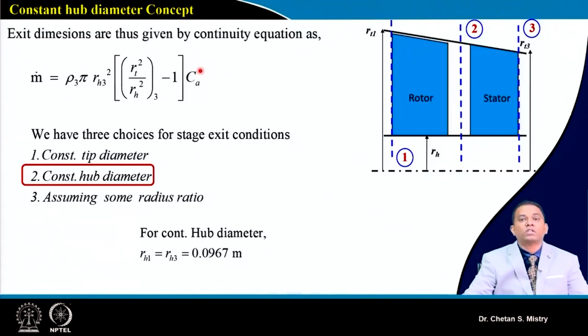As we have discussed, we have done our calculation for hub diameter and tip diameter earlier. For this configuration we are assuming the hub diameter to be constant. That means R1h and R3h will remain constant, and that is 0.0967 meter.